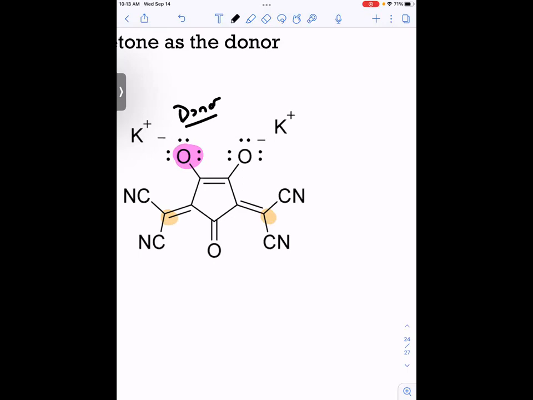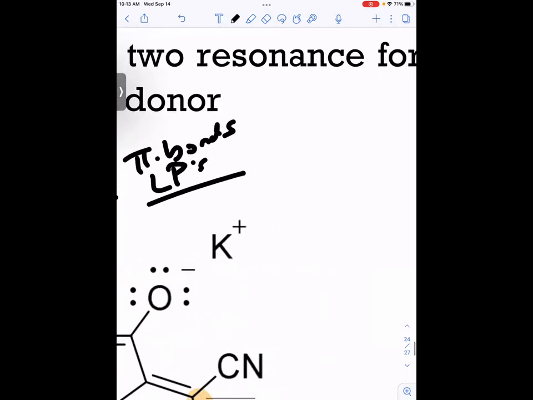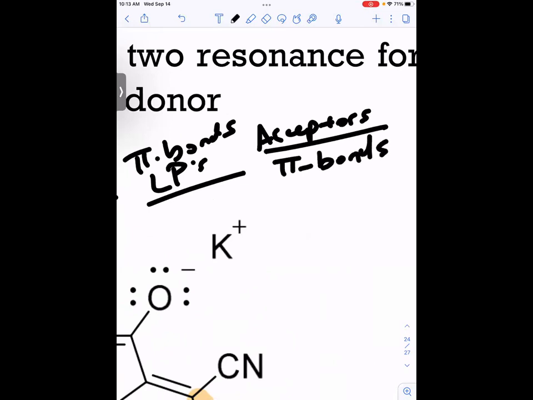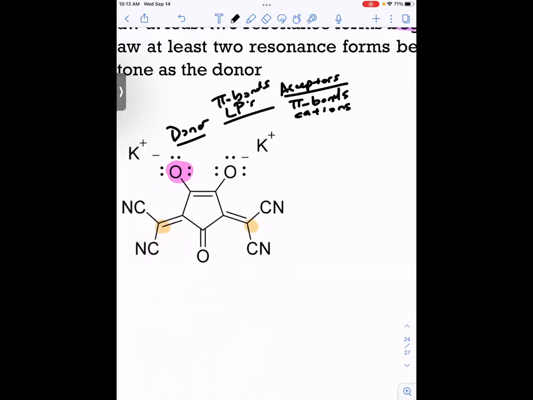What do you think? What's connected to that oxygen? Remember, donors are pi bonds and lone pairs, and acceptors are pi bonds and what else? Cations. Good. So what's attached to that oxygen? What's adjacent to it?